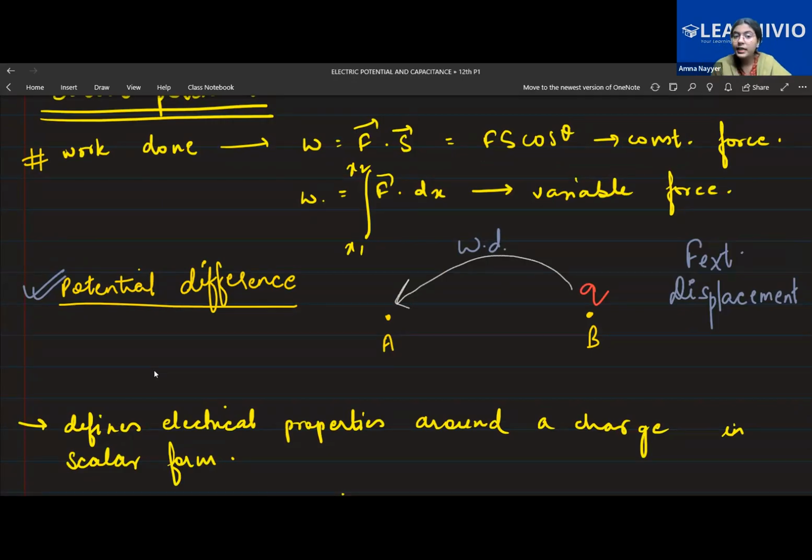Electric field was completely based on vector quantities; vectors were involved throughout that chapter. The scalar form of the electrical properties is what is given by potential. Potential is not the vector form. It's the scalar form in which the electrical properties are experienced, so it defines electrical properties around the charge in a scalar form.